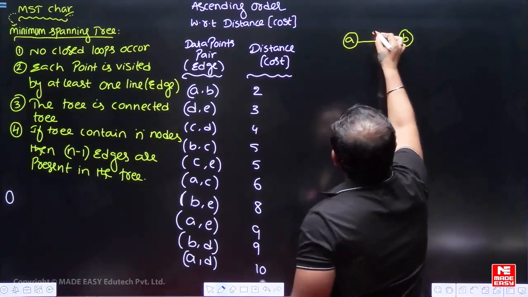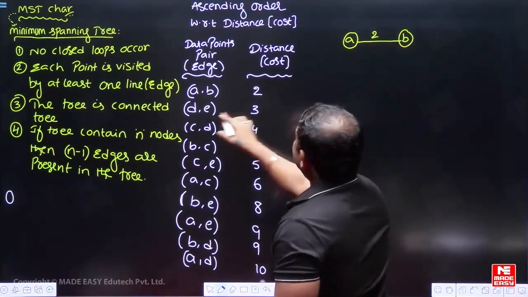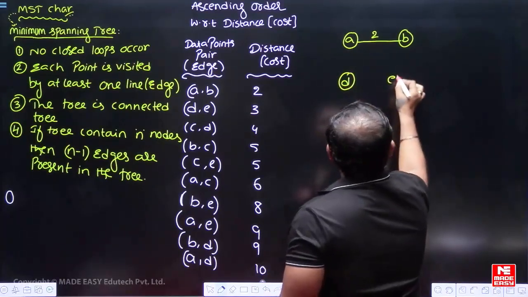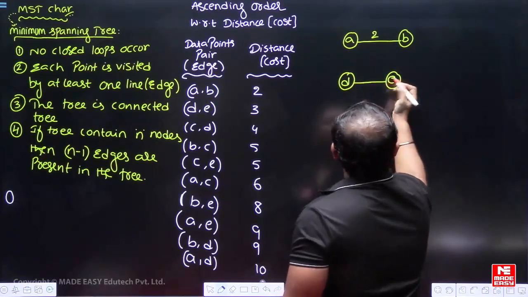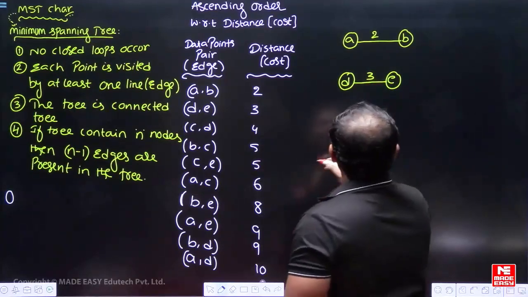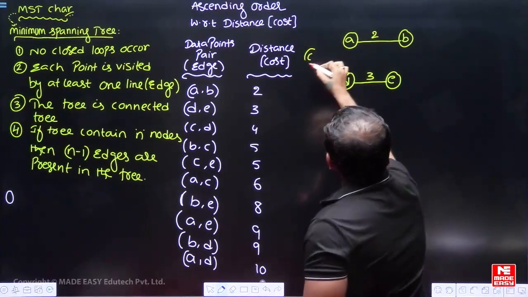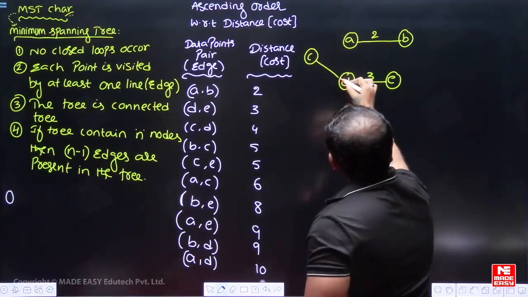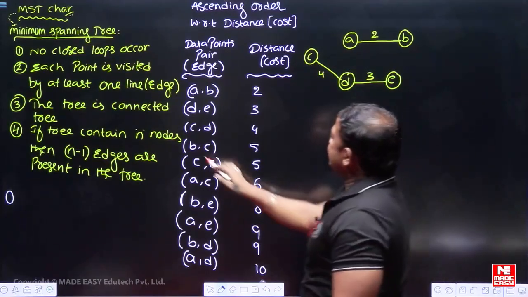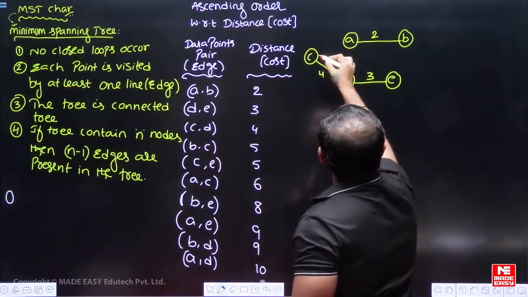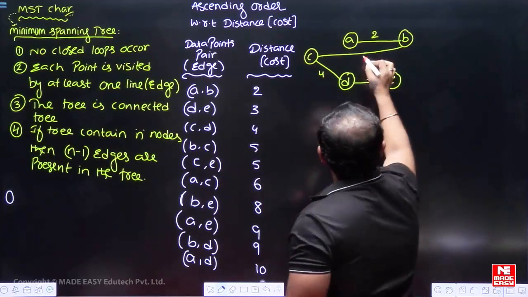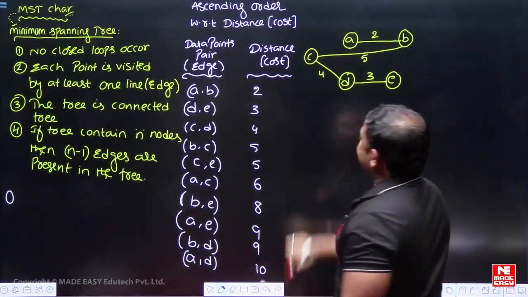This is the edge, cost is 2. Then D and E, formed with cost 3. Then C and D, formed with a cost of 4. Edge formed, B and C, that is formed with 5.